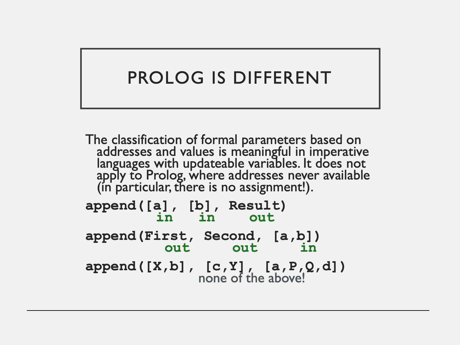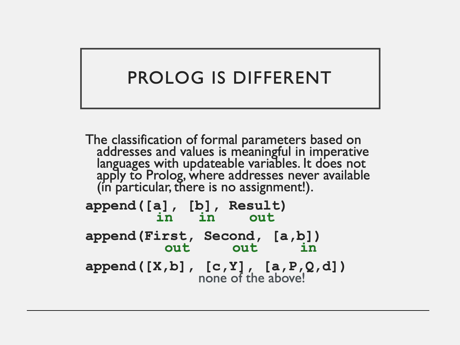Now the second one we have is append first, second, AB, which reversely deduces possible values of first and second that could result in AB, making them effectively outputs in terms of logical deduction. So in Prolog, the role of parameters can change based on how the predicate is called.